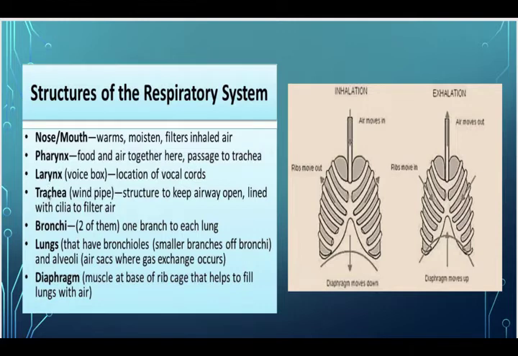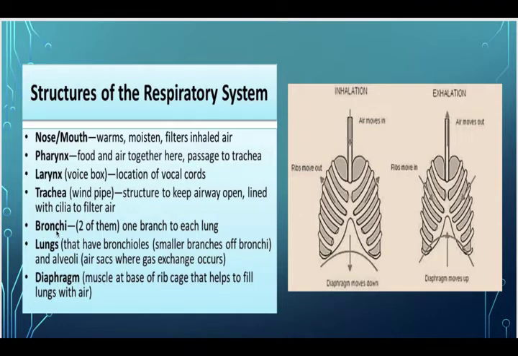During this passage of air, it also converts into speech when we are speaking. Then from the larynx it passes to the trachea or windpipe. It is a structure that keeps airways open and is lined with cilia to filter the air, and the cilia also help to spread the mucus. Inside, ciliated epithelium is present, and those brush border cells help to spread the mucus all over the respiratory tract to trap the microbes or dust particles present in our inhaled air.